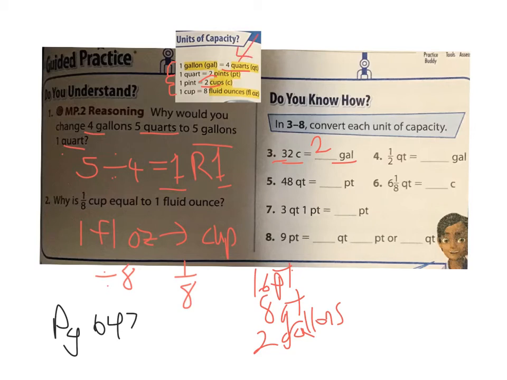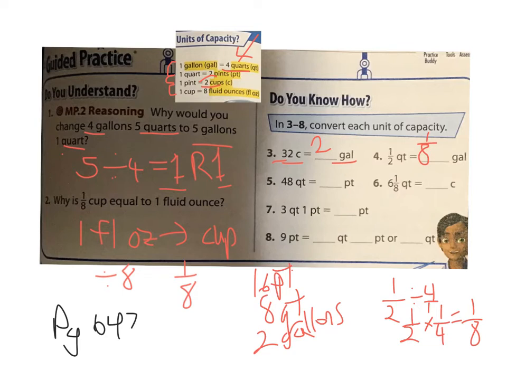So what's 1/2 divided by 4? Let's remember it's 4 over 1 times 1 over 4. So it's going to equal 1/8 of a gallon. Which makes sense because there would be less gallons than there would be quarts.